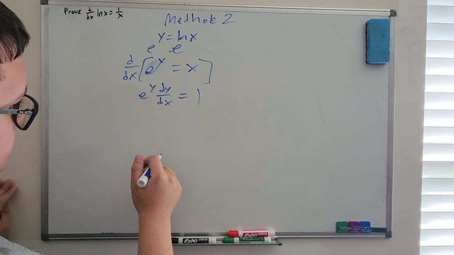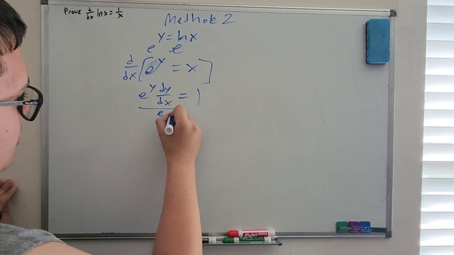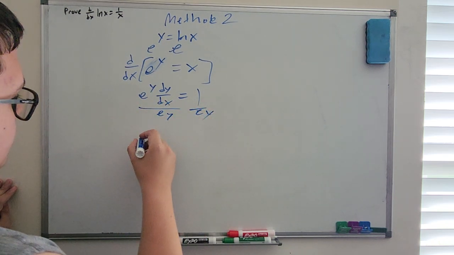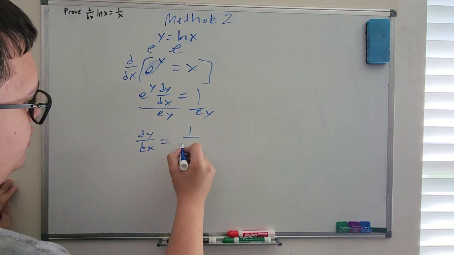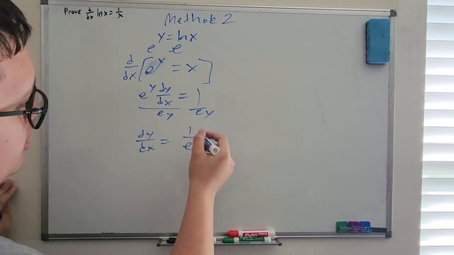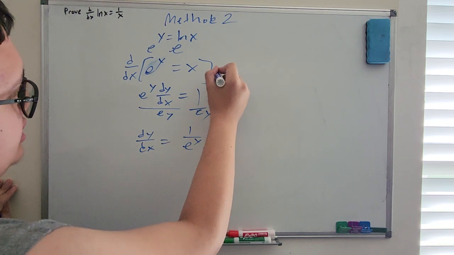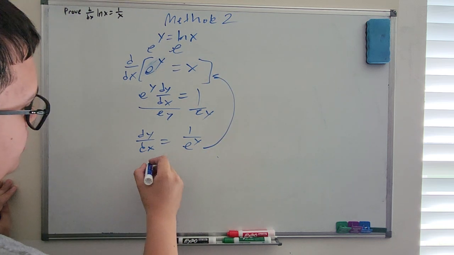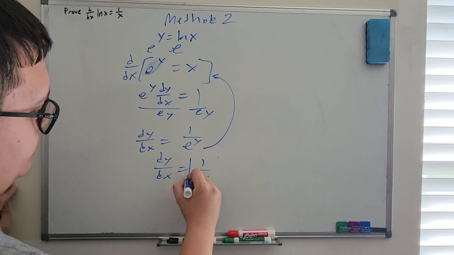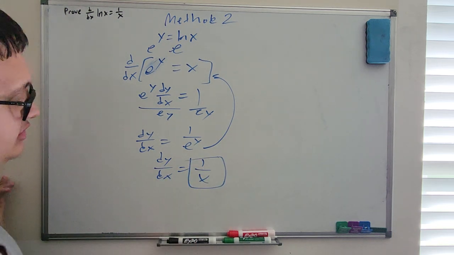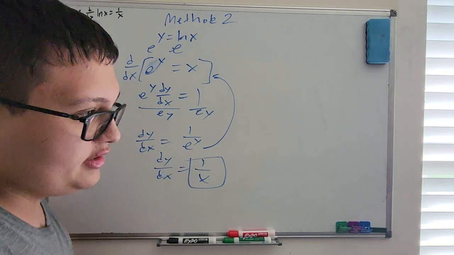We can divide this by e to the y. So dy/dx equals 1 over e to the y. We know that e to the y is equal to x, so we can just rewrite that as 1 over x, and there is our other proof right there.